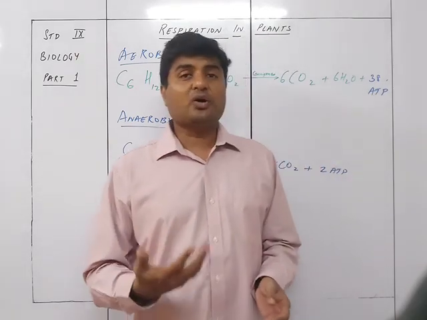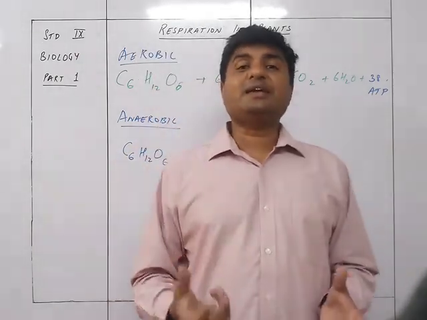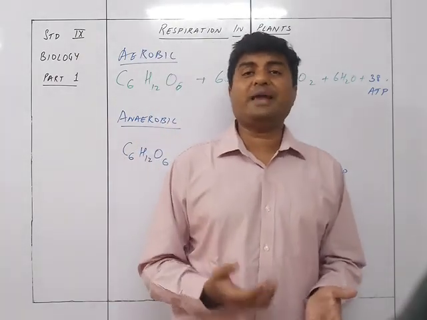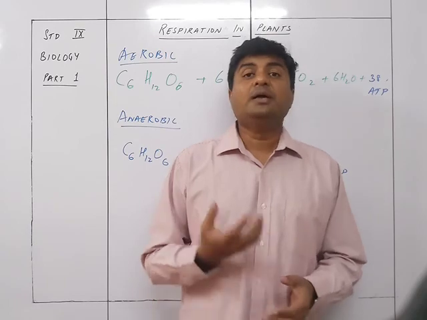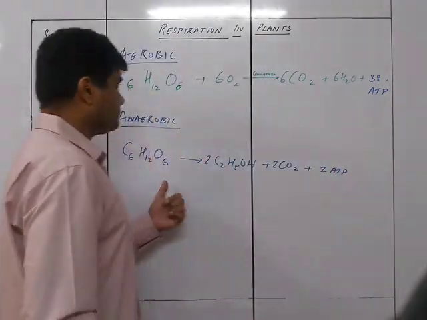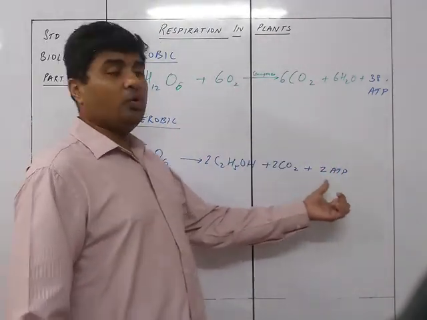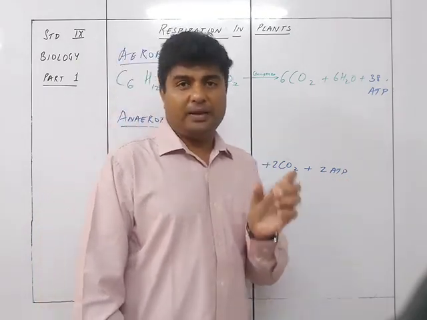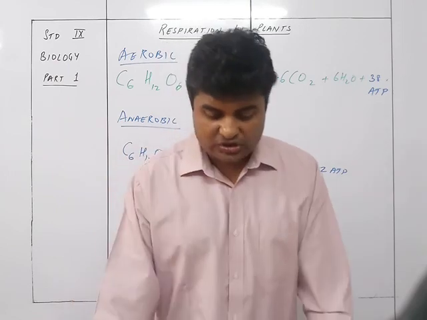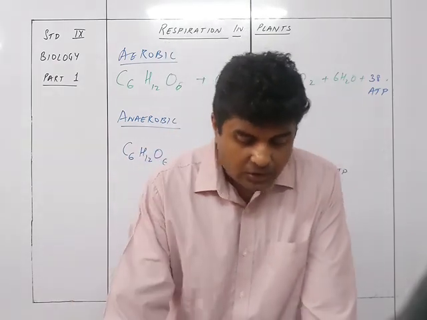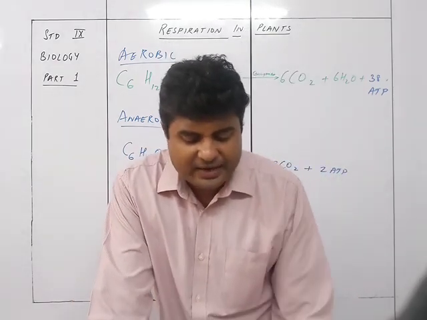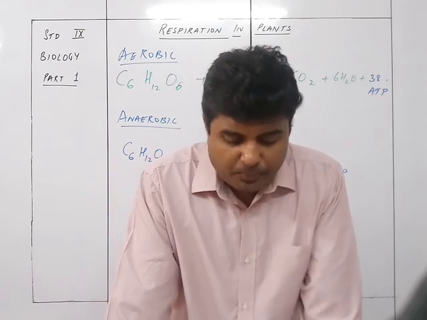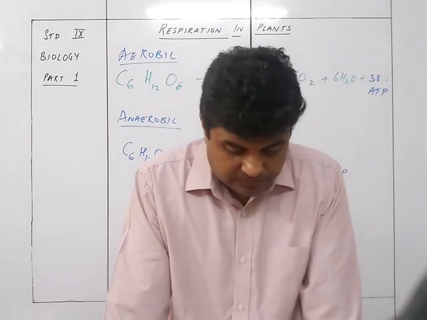So in certain emergency conditions, plants are going to respire even in absence of oxygen, breaking down the glucose partially and giving the plant only a small quantity of energy, that is 2 ATP. So this type of respiration is called anaerobic or anaeroxybiotic respiration, as it proceeds even without oxygen.